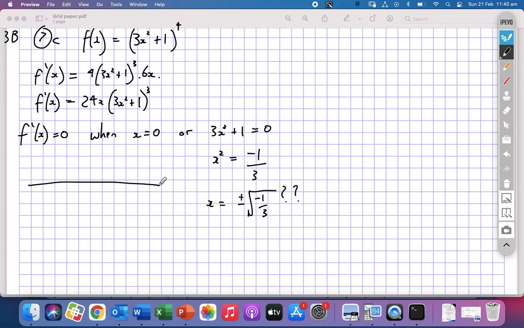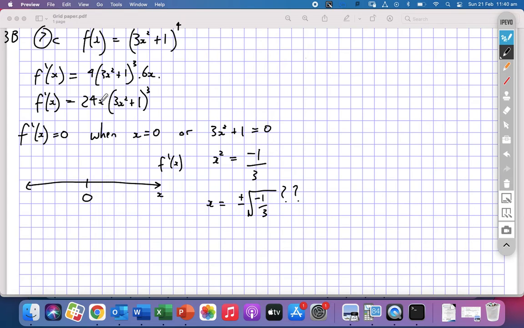Now to draw the sine diagram though, make sure you label it, right? Because your sine diagram is of your derivative. You can do sine diagrams of all sorts of things. We want the derivative. We want to put on the stationary point, 0. We want to test on either side. So let's test minus 1.